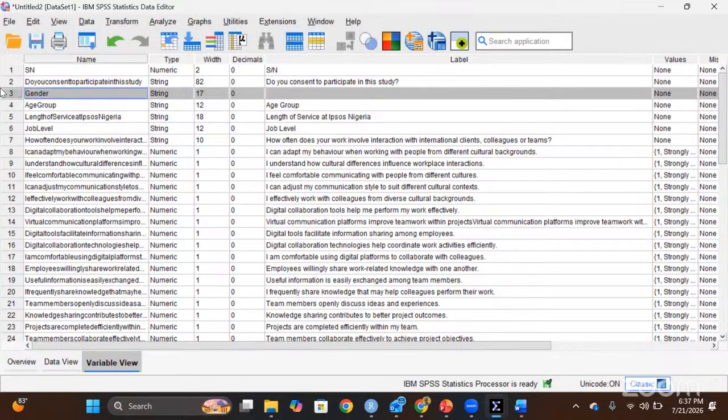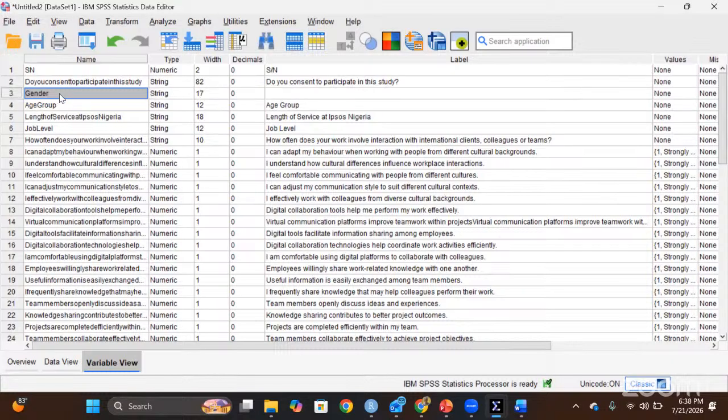It's just telling you the properties of your variable. So you can pick gender now. It's telling you the type is a string. Width is the amount of numbers that you give for each response. You don't need those ones. We'll talk about that later.